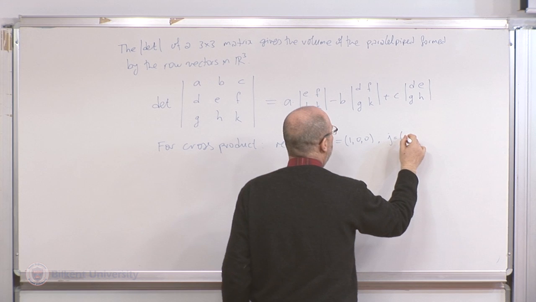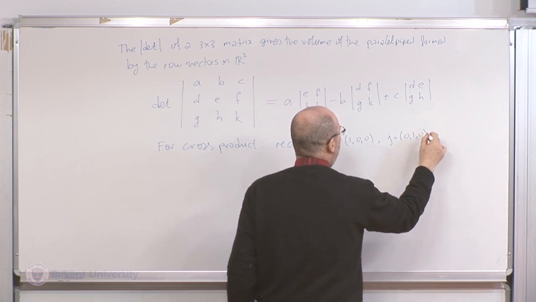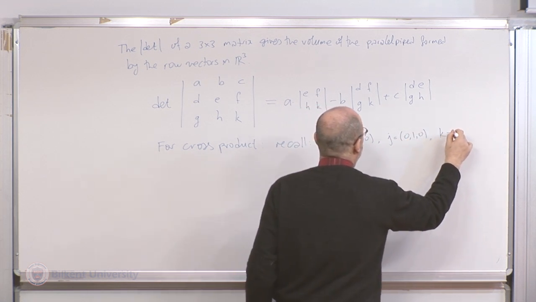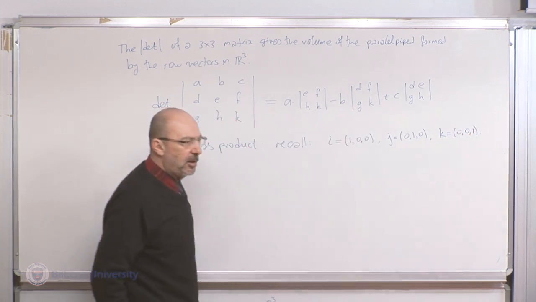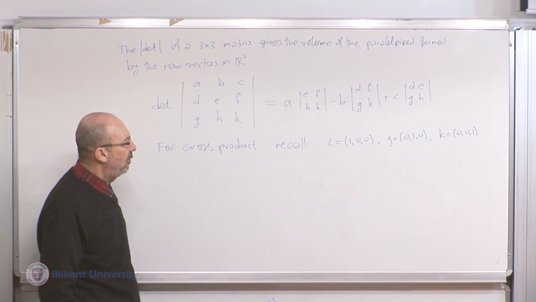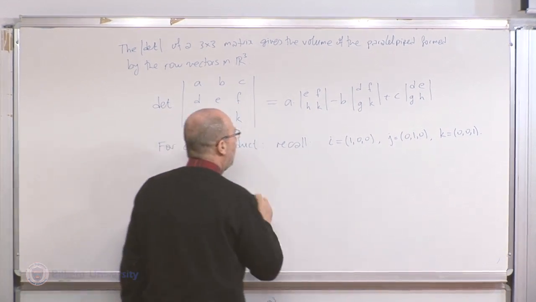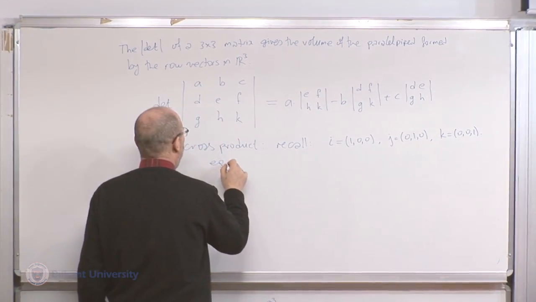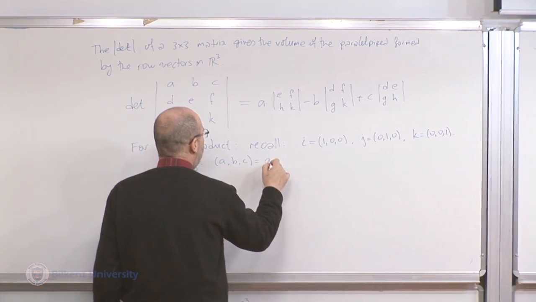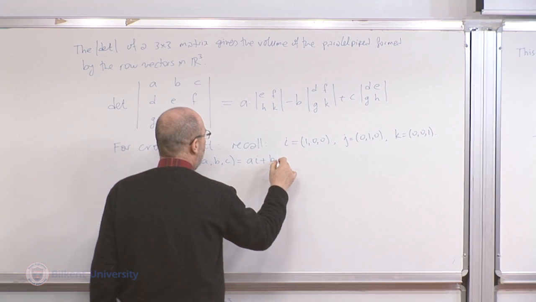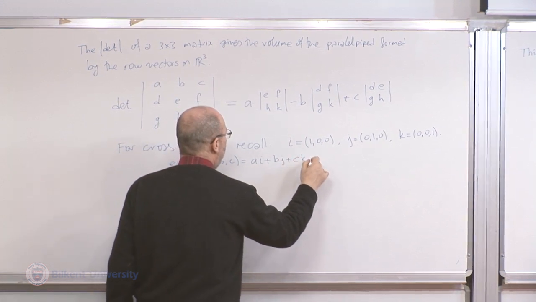J is (0, 1, 0). And K is (0, 0, 1). So these are standard directional vectors. For example, if we have a vector (A, B, C), we will write this as AI plus BJ plus CK.